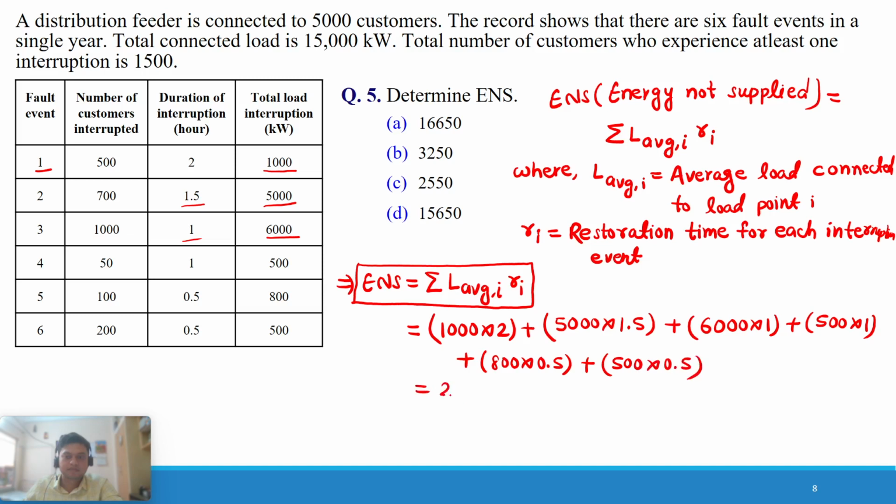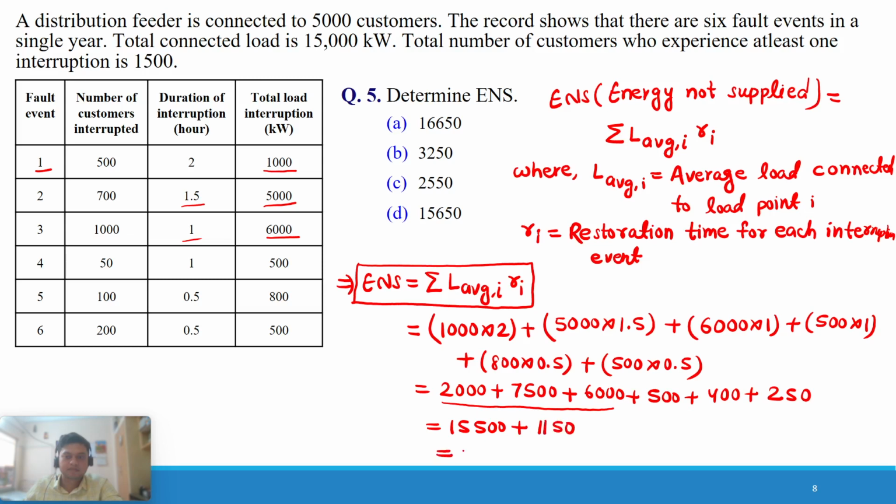So this will give you 2000 plus 5000 into 1.5 is 7500 plus 6000 plus 500 plus 400 plus 250. So 2000 plus 7500 plus 6000 is 15,500, and the last terms are 500, 400, 250, which is 1150.